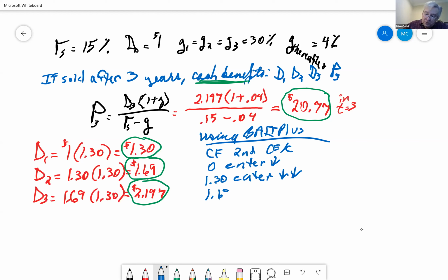Then the next cash flow would be the year 1 dividend, which would occur 1 time. The year 2 dividend, which would occur 1 time. And in year 3, you get both the dividend for year 3 and that selling price. They occur at the same time, so you can add them.